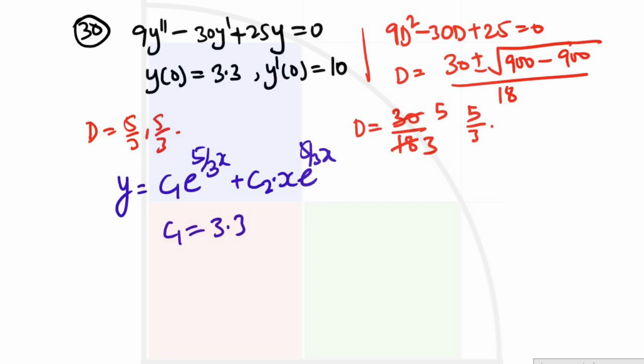and then we differentiate this equation 1 once to get y prime is equal to 5 by 3 of c1 e to the power.